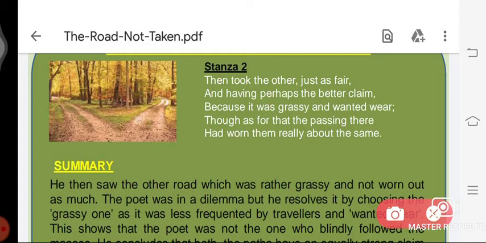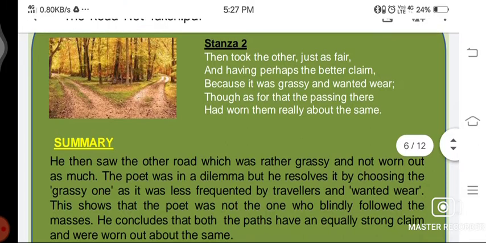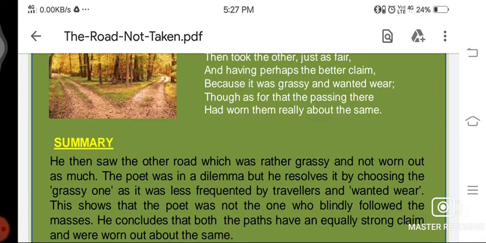The summary of this: he then saw the other road, which was rather grassy and not worn out as much.